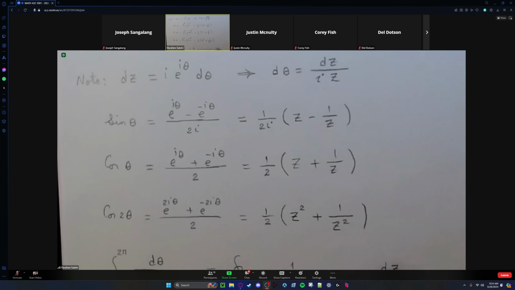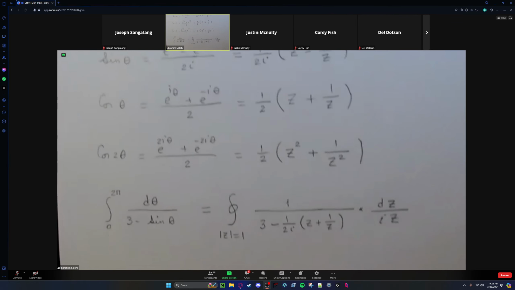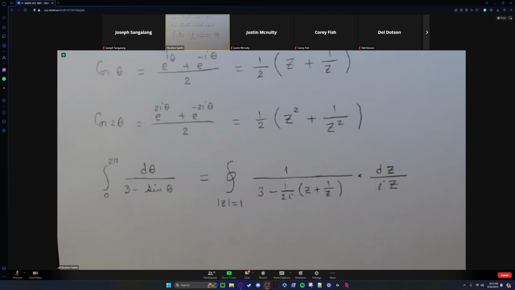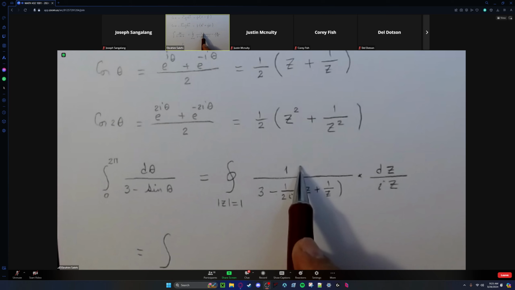Okay, let's multiply this out. If I multiply by z, this will be 3z, here z squared, here 1. And of course, I am going to also multiply by i. So this becomes an integration over the unit circle, multiplying by iz, and in the numerator I have dz.